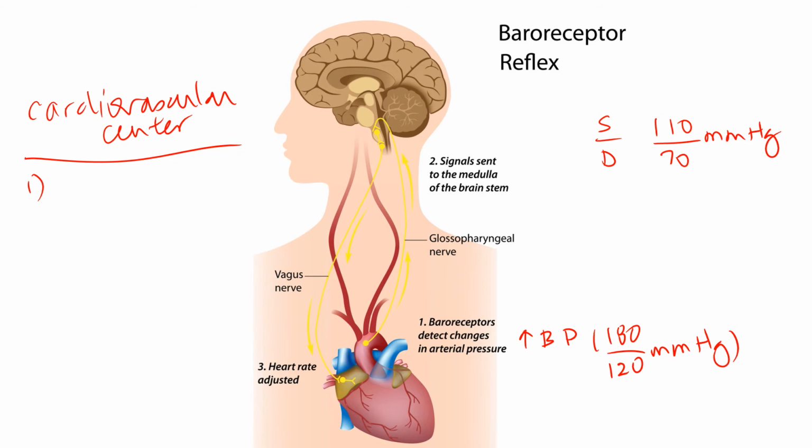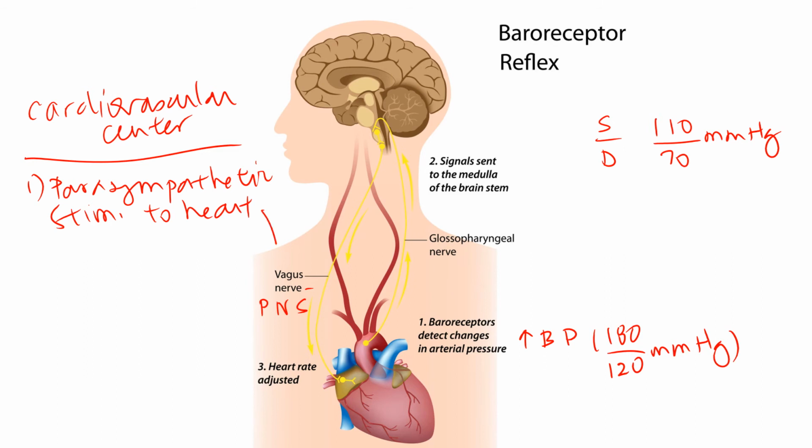So the vagus nerve here is part of your parasympathetic nervous system. It will take a message to your heart, and we will decrease your heart rate through the firing rate of that SA node. So parasympathetic, we're going to increase that stimulation to the heart. We'll tell that vagus nerve there to decrease that SA node's firing rate. So the heart rate will slow down.